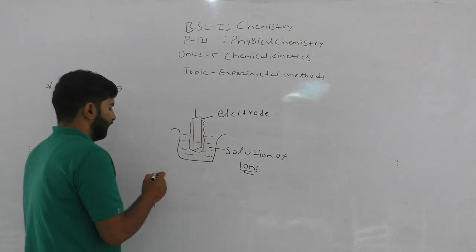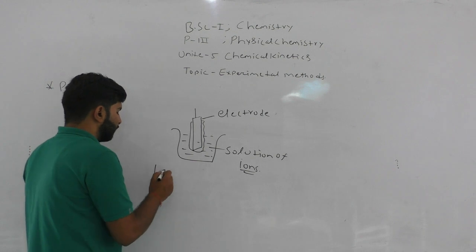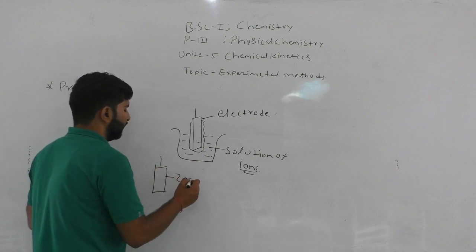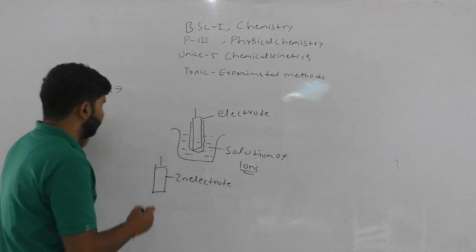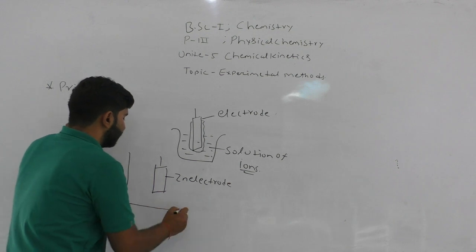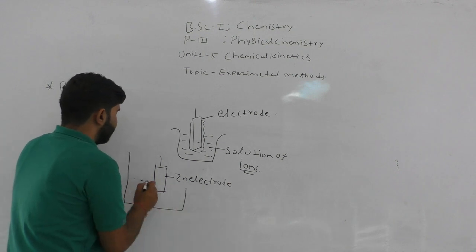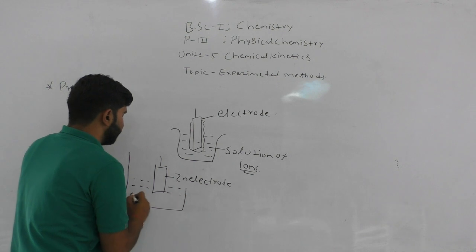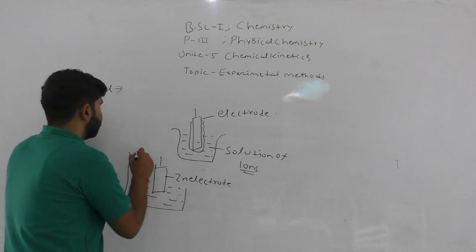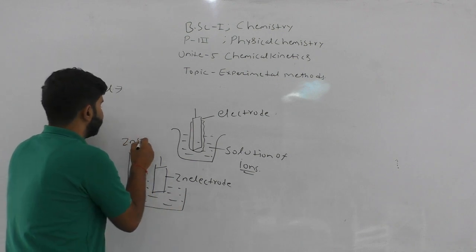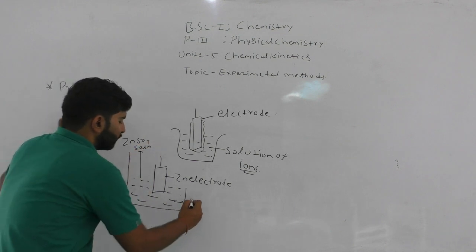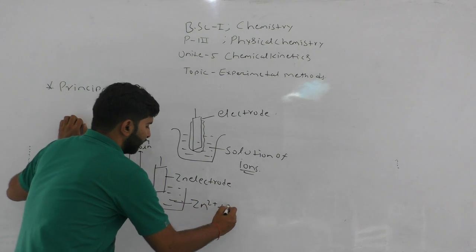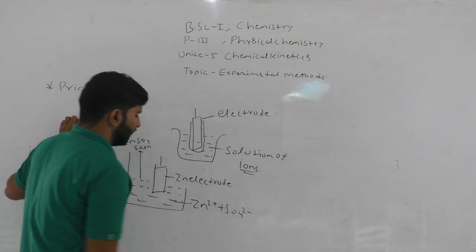Means, let's say the electrode is made up of zinc. This is a zinc electrode. When we dip this electrode in ZnSO4 solution, in this solution Zn2+ and sulfate ions are present.